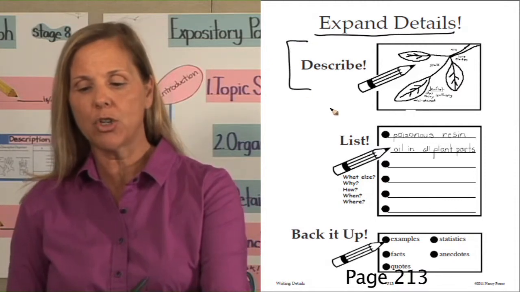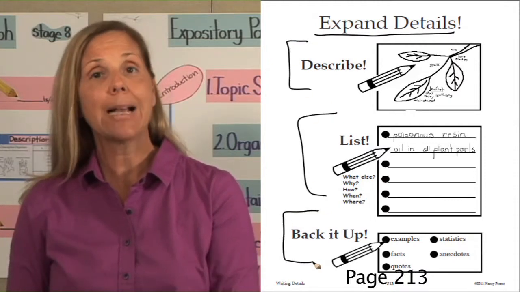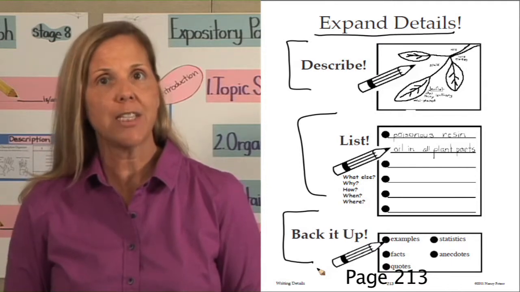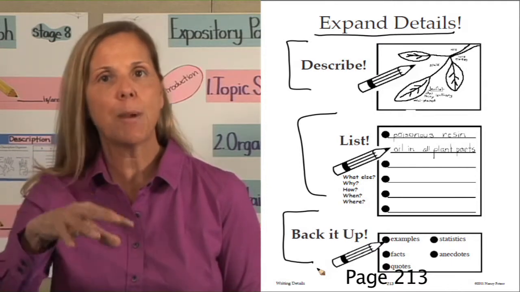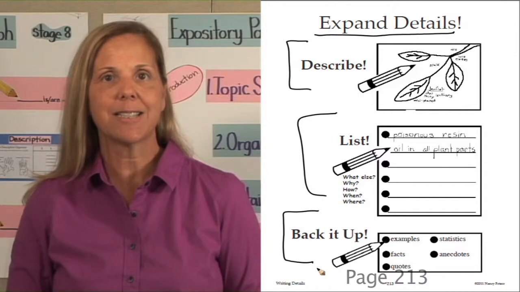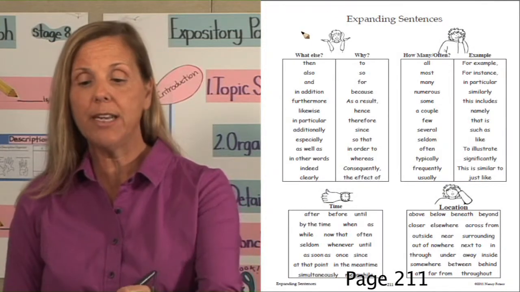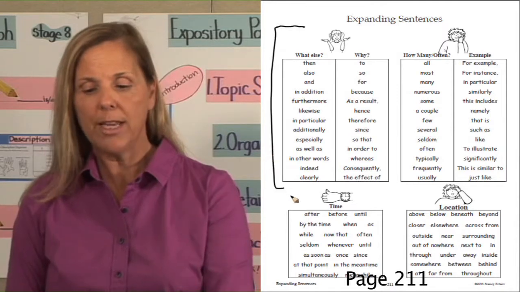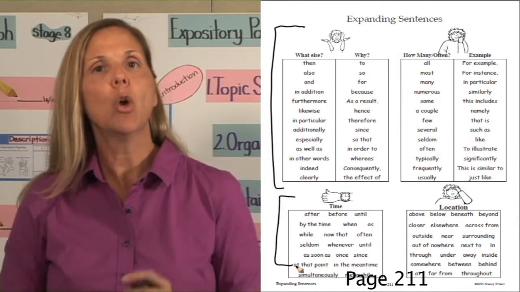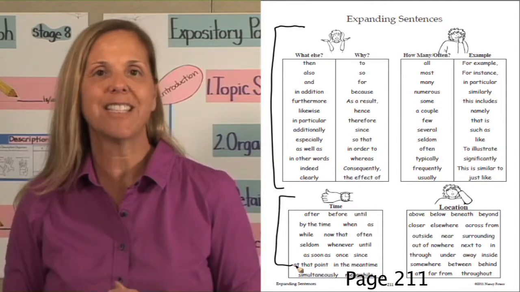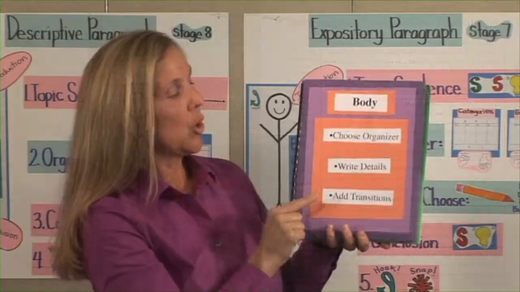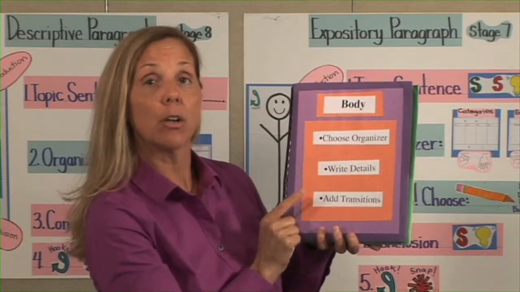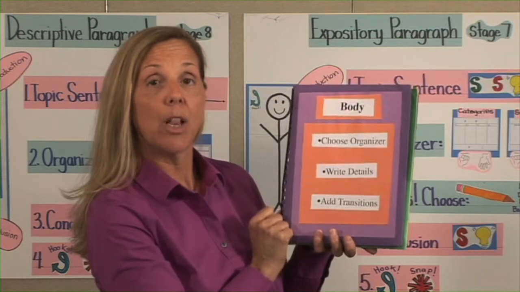This is where we have our describe, list, back it up skills that we want to teach students in order to expand their detailed sentences. On page 211 is a matching page for expanding details with words students could use when they are expanding those parts of the sentences. Next, we'll go to our transitions, our last pocket that we will have tools for writing details.